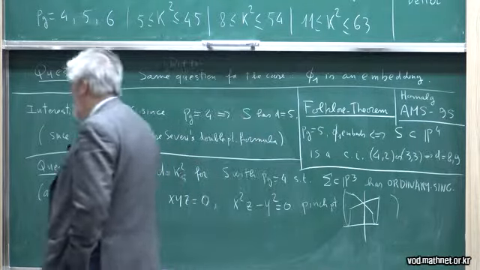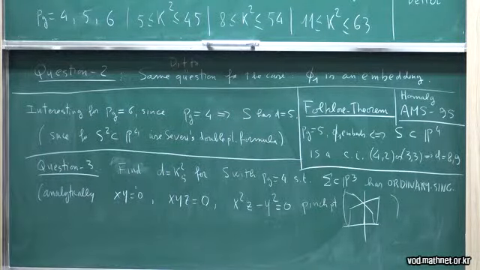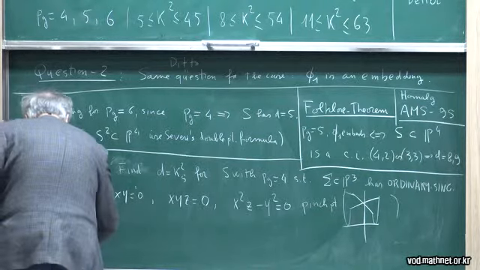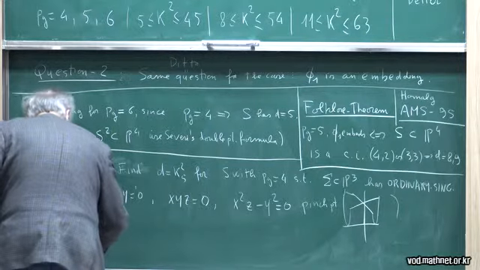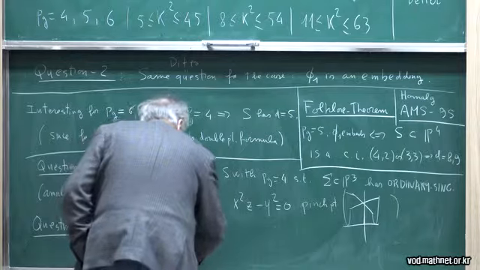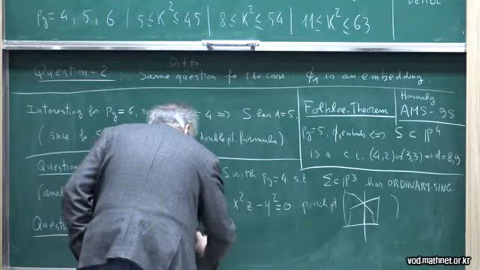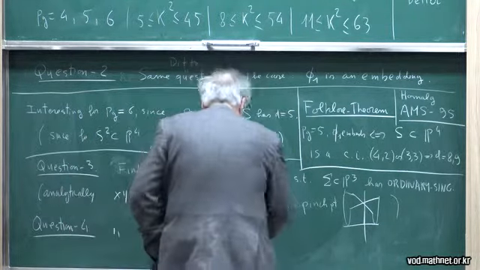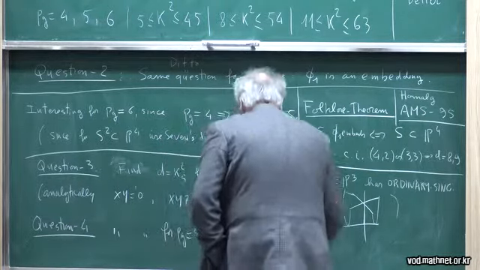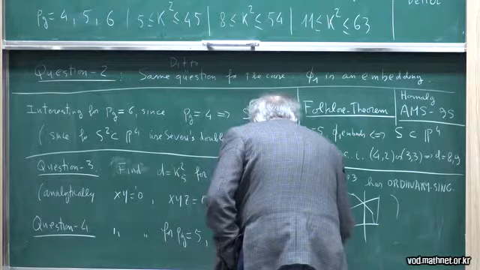So, and one can ask also the same question for Pg equal 5 and sigma with what Severi called improper double points.